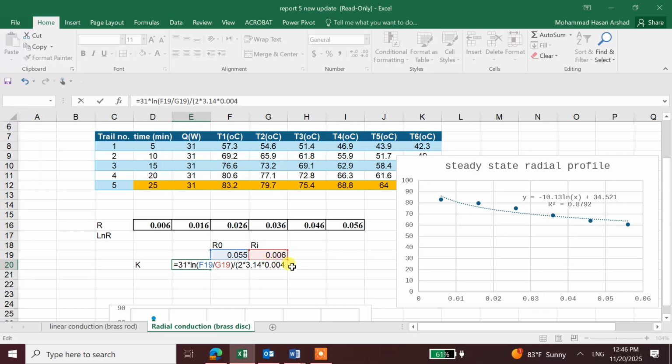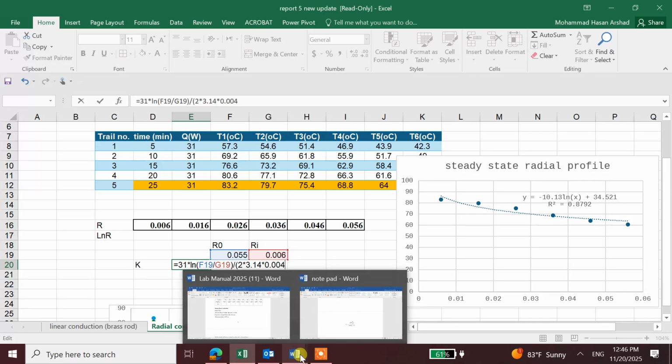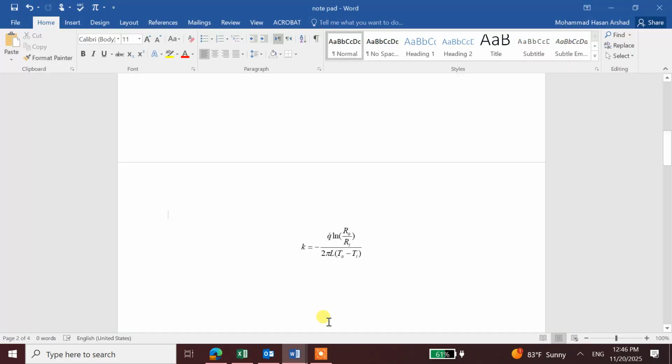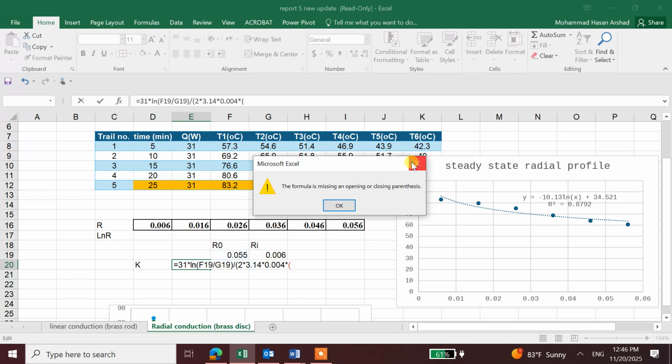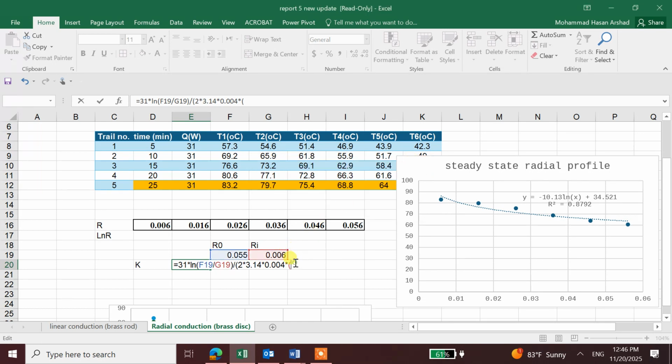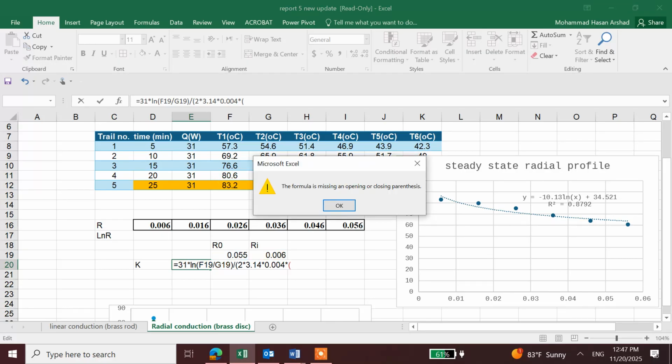What else? I think that's it. Then we have times the temperature difference. Inner is T1 and outer is T6.